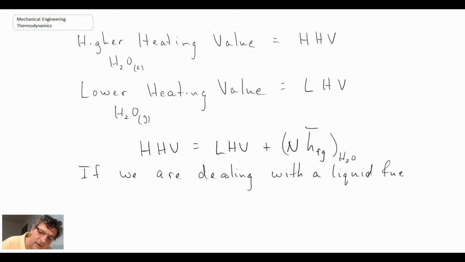So for example, if you're dealing with standard gasoline like you'd burn in an internal combustion engine operating on the Otto cycle, you have to vaporize that liquid first, and that takes energy to do so. And so we have a mechanism by which we can account for the heat of vaporization when we go from the liquid state to the gaseous state, and we correct it with this relationship here.